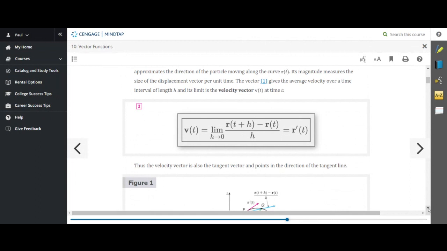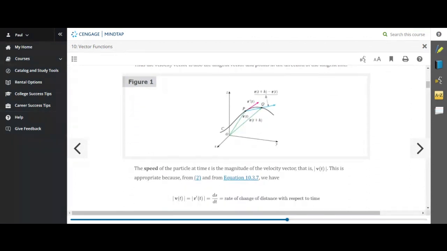And what they have here in figure 1 is an image of what they're talking about. Here you have position vectors r of t and r of t plus h. If you were to take r of t plus h and add negative r of t, you would get a vector that is equal to the vector PQ.